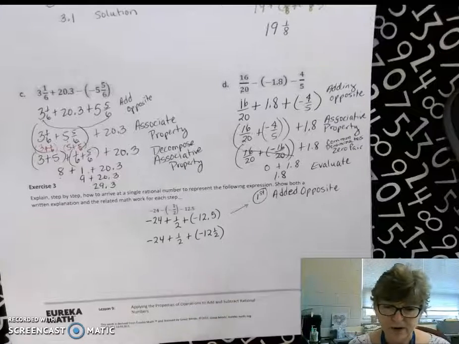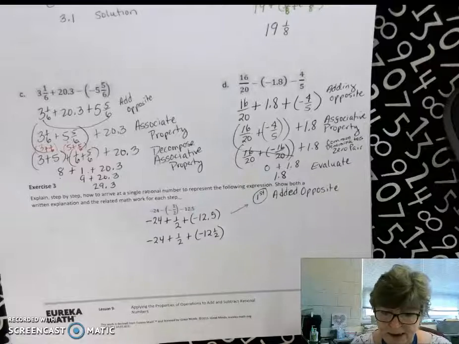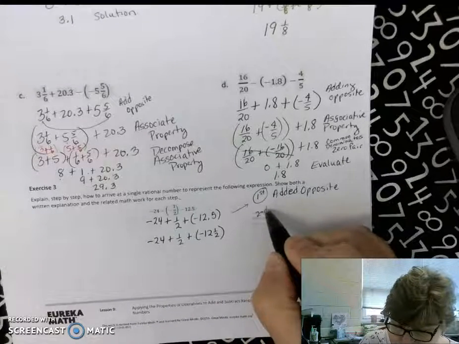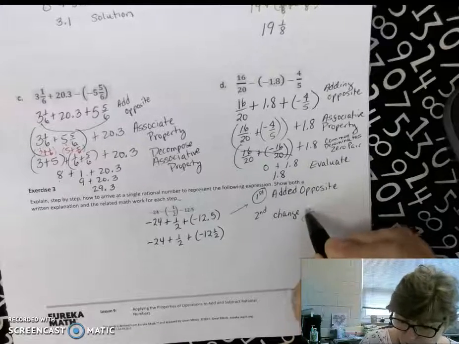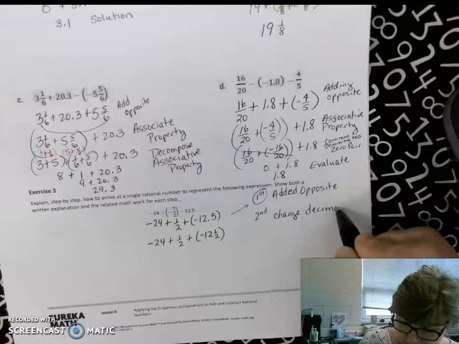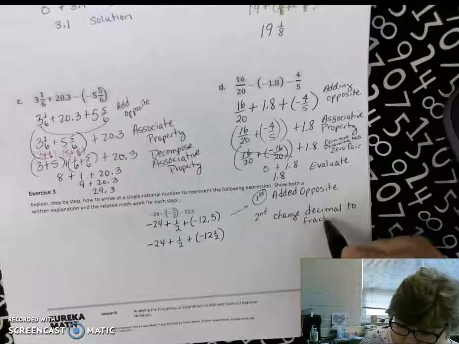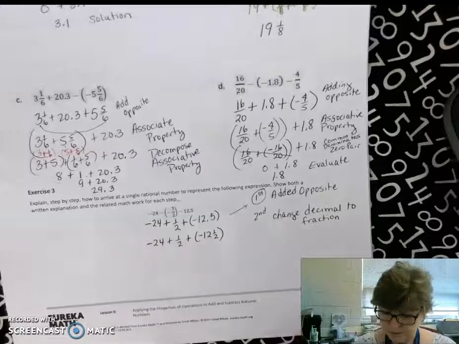And now that I'm here, I'm seeing that I can definitely start to make some connections. So I just changed my decimal to the fraction. You could have gone the other way as well, folks. It would have been fine to change the fraction to a decimal.